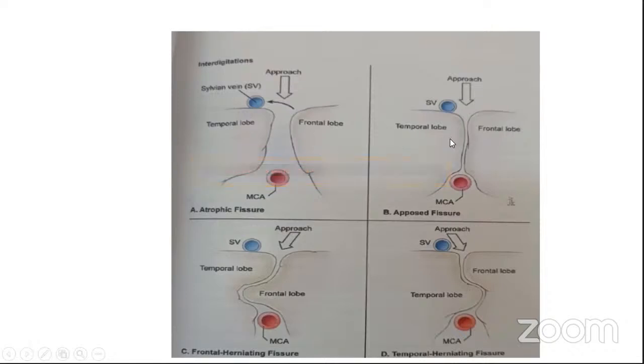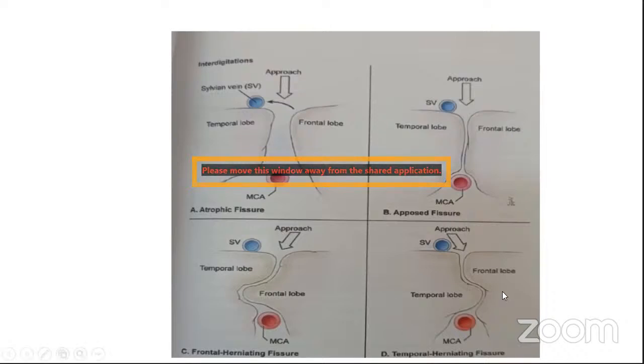Opposed fissures are common, with large areas of contact between the frontal and temporal lobes, and there are interdigitated fissures, or maybe one of them is herniating. You can see the frontal herniating fissure or the temporal herniating fissure.